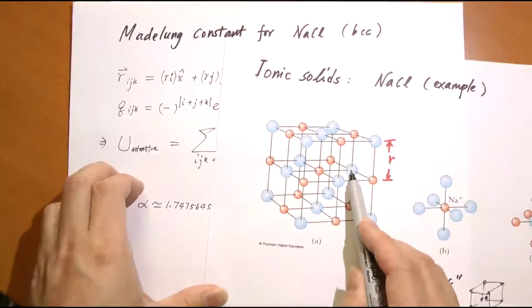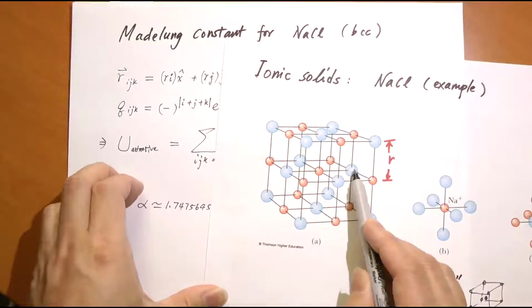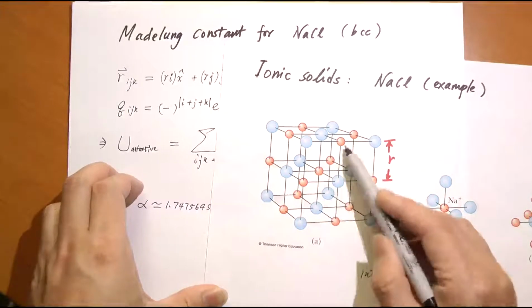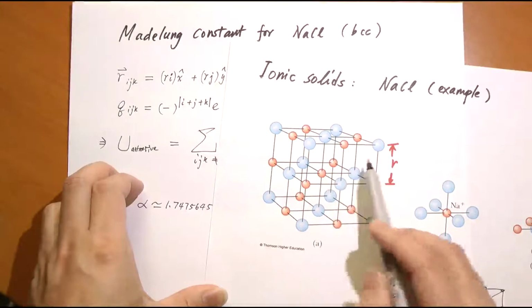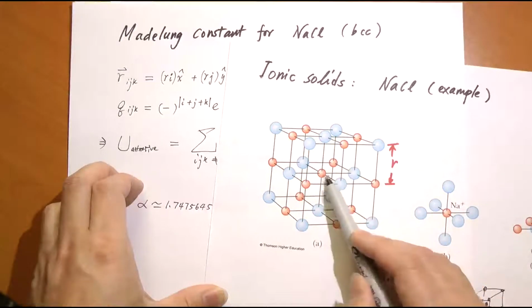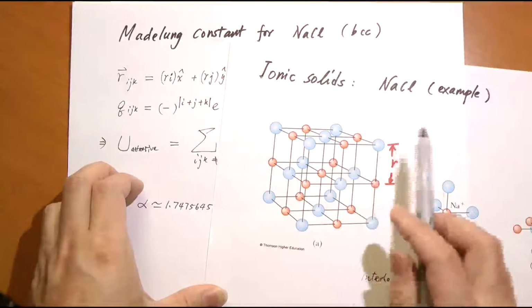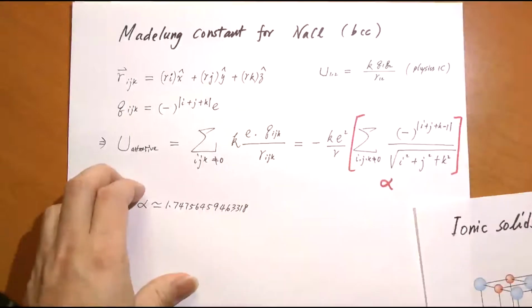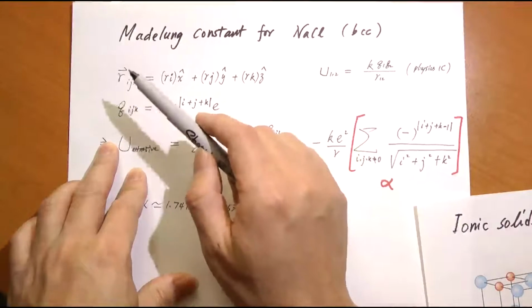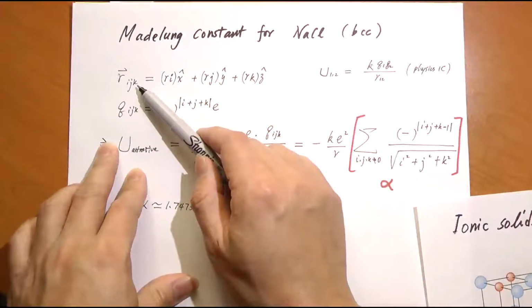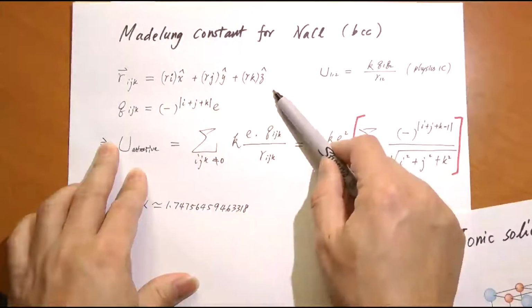For example, this ion has, if you call this the x direction, x equals 1r, y equals 0, and z equals 0, right? And then you have another with x equal to 1 unit, y also equal to 1 unit, and z also equal to 1 unit, and so on. So in general, I can write r of ijk, which is the position vector of an ion whose location is given by this.